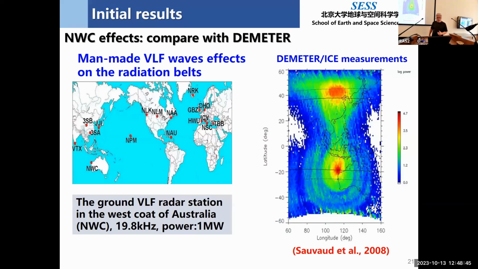Okay, another one is the NWC effect. As we know, there is a ground VLF radio station, NWC, near the west coast of Australia. The left one is a DEMETER observation of this wave.